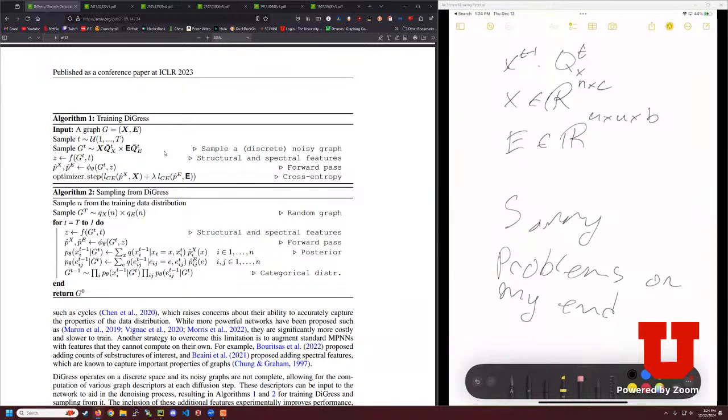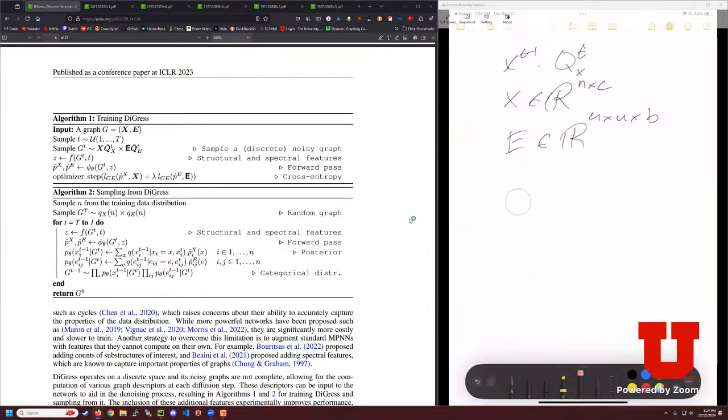When they do the multiplication with the initial state, they get what they generate, and then they want to look at the difference between the actual sample of the graph and your probability, right? So it's very natural to apply the cross entropy to measure this, because p x and then p e.